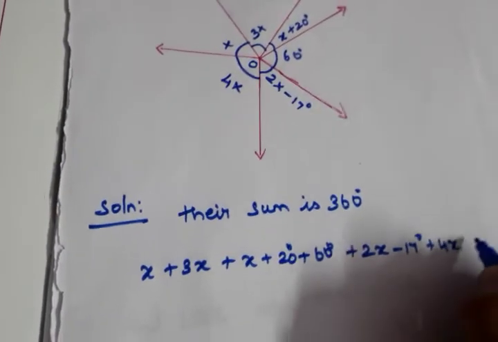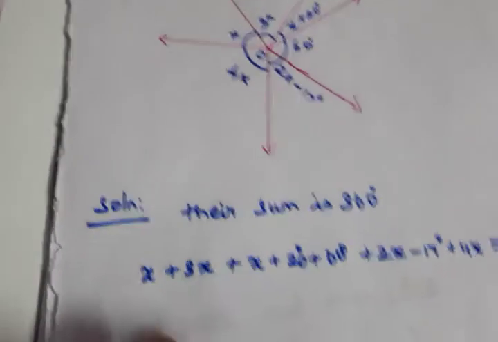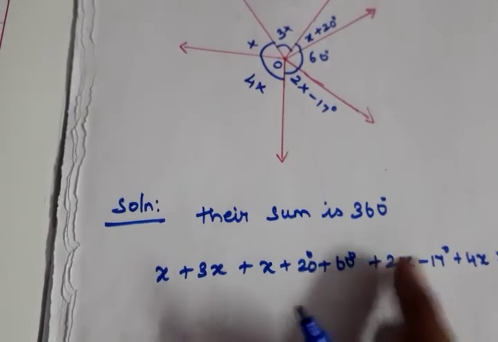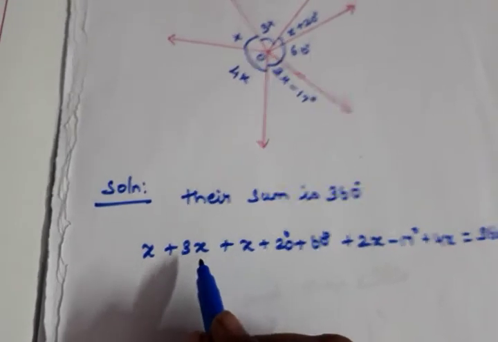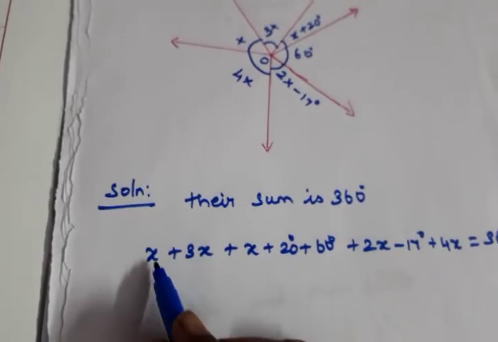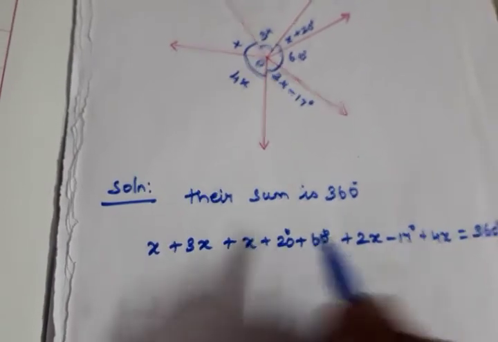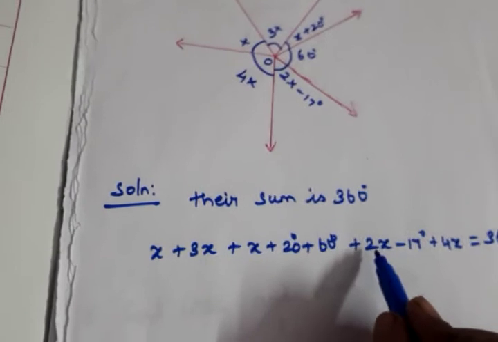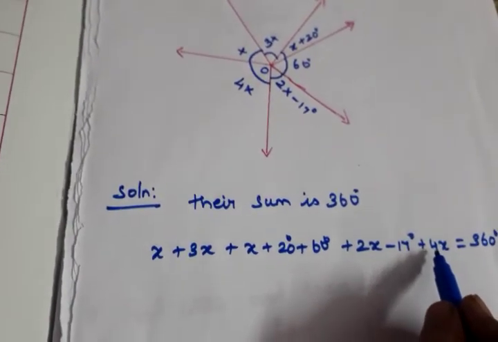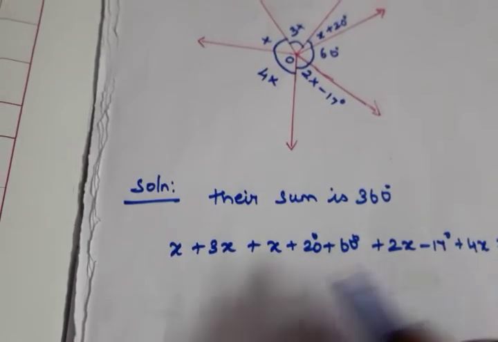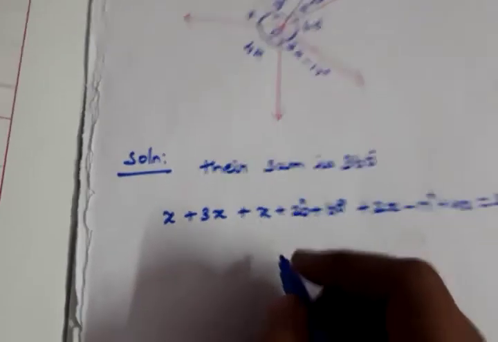The sum of all the angles is 360 degrees. Add the x terms: x plus x is 2x, plus 3x is 4x, plus x is 5x, plus 2x is 7x, plus 4x is 11x degrees.